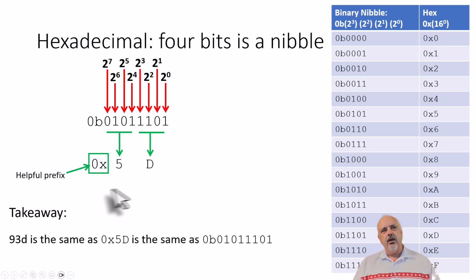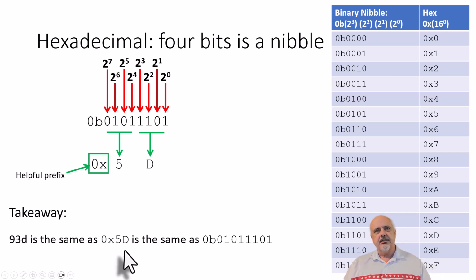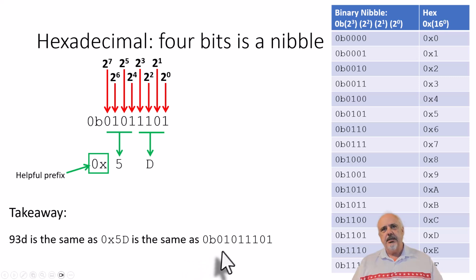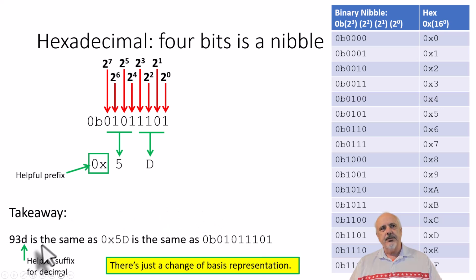So the takeaway here is that 93 decimal is the same as 5D hex, is the same as 0101 1101. So that helpful syntax, sometimes I'll add a D there, but it's just a change of basis representation. All these really represent the same number.